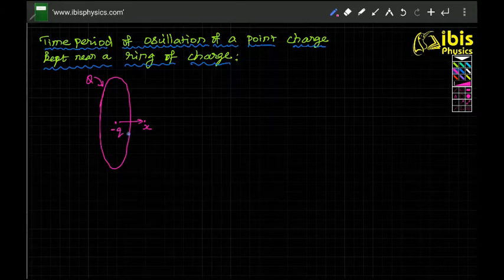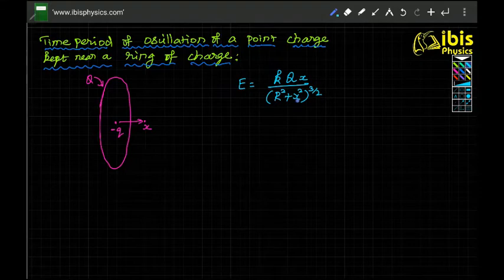You will see why. Because the electric field near a ring of charge is k q x by (r square plus x square) whole power 3 by 2. When x is very small, x square compared to r square is negligible.